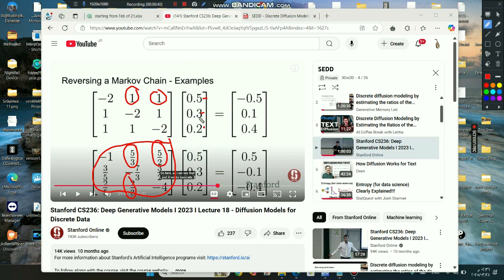We divided this over this and multiplied by this. Now for the diagonal, where the probability of the element remains as is, in the second relationship we will do the summation which we have talked about. If you focus on this slide, you will be able to completely understand how to apply the formula in order to evaluate Q inverse from Qt.